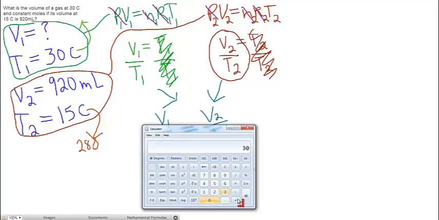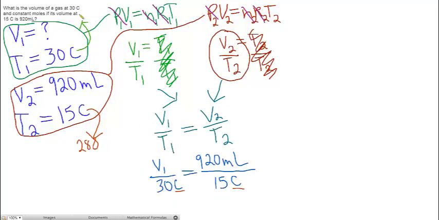Again, 30 plus 273 equals 303. So this Kelvin temperature will be 303 Kelvin. Now I can put both of these in and rewrite this equation with the Kelvin temperatures.